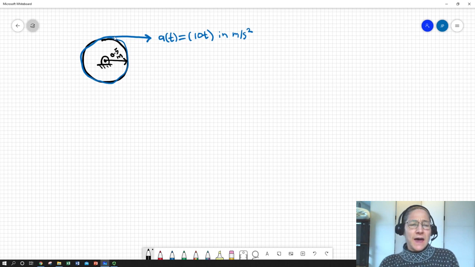And that cord is being pulled such that any point on this cord here is accelerating at 10t, where t is in seconds, and the acceleration is in meters per second squared.